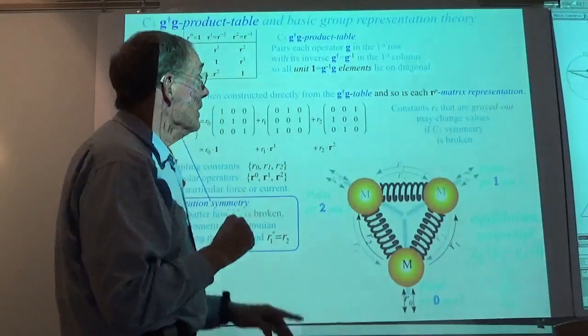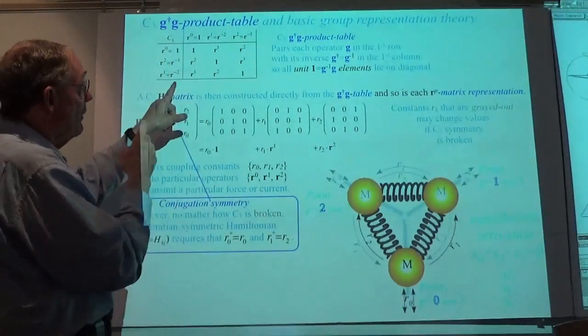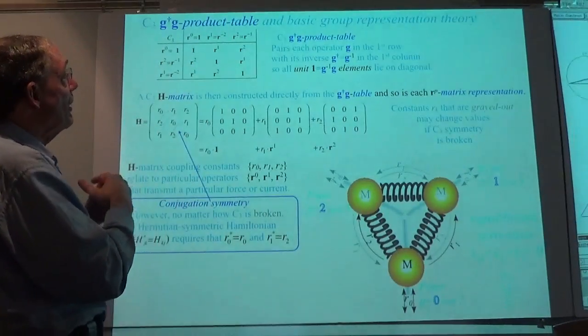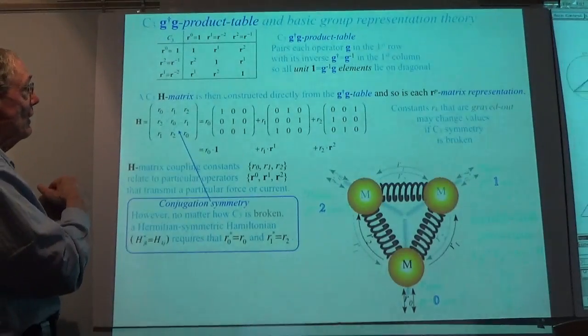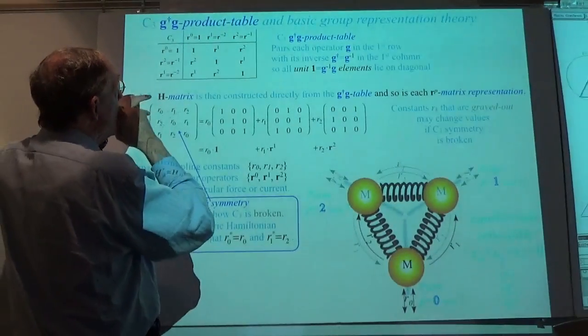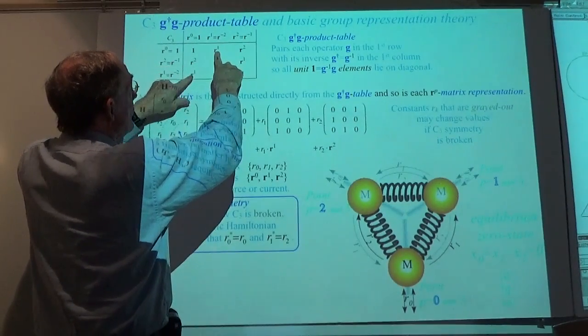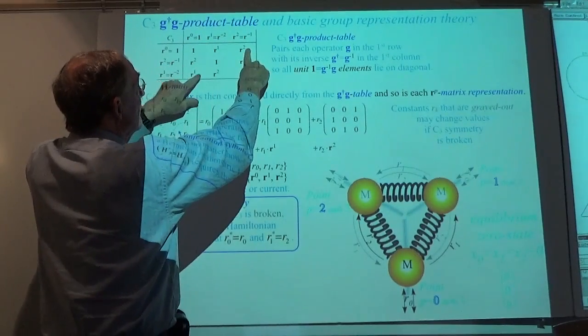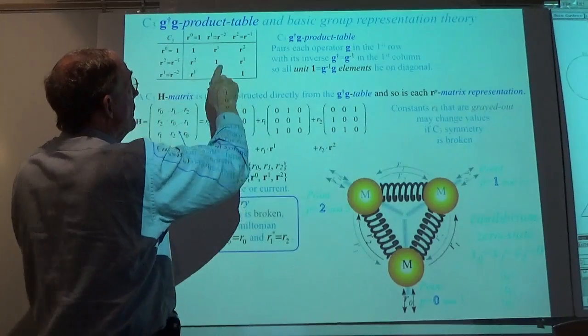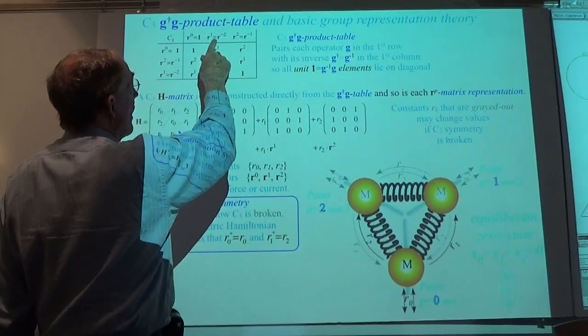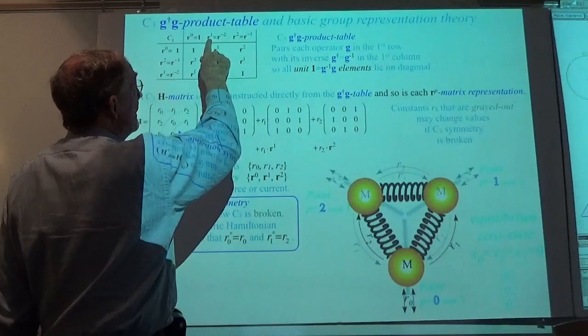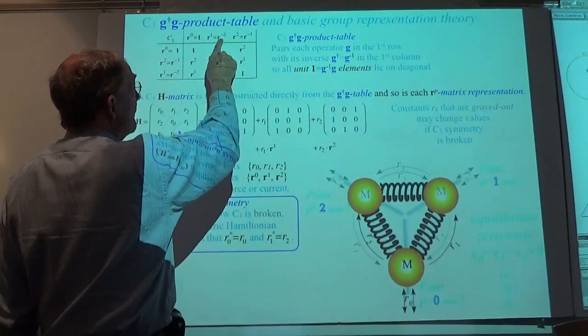It doesn't change. And the reason for that, first of all, is that we're going to have this thing right here be the inverse of that. This thing here be the inverse of that, and so forth. So those two operators, R1 and R2, they are inverses of each other.